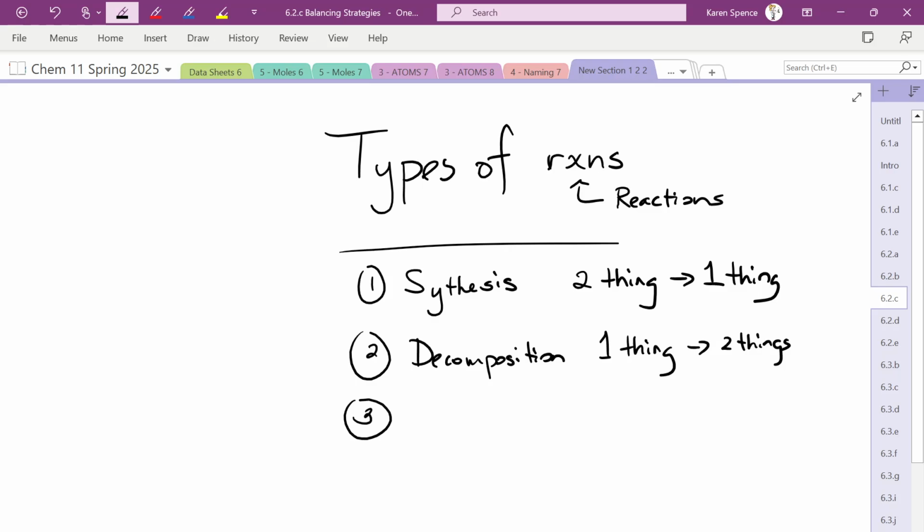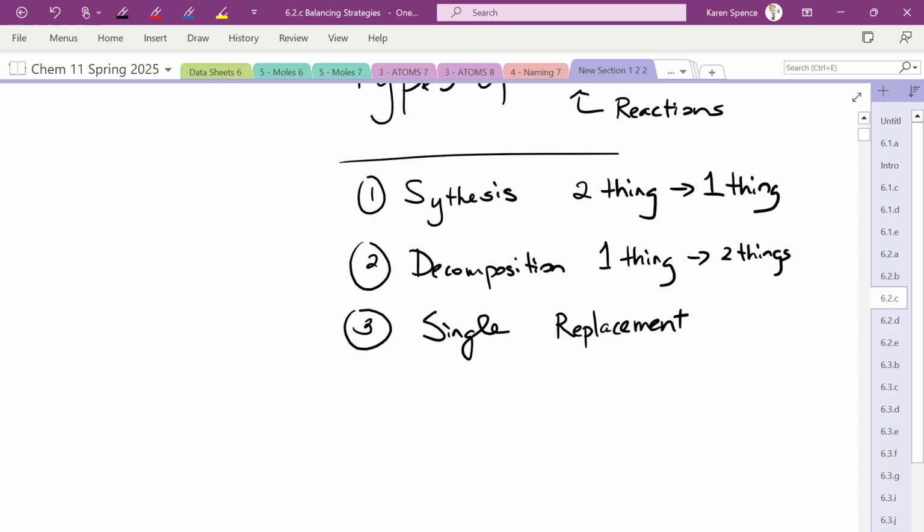The next two types we have are types of replacement. We have single replacement. And we have double replacement.